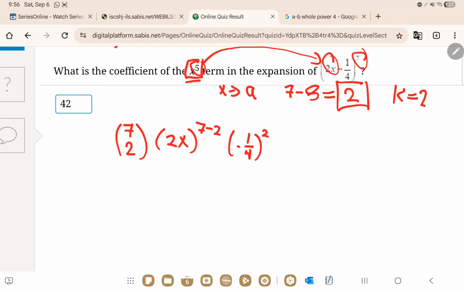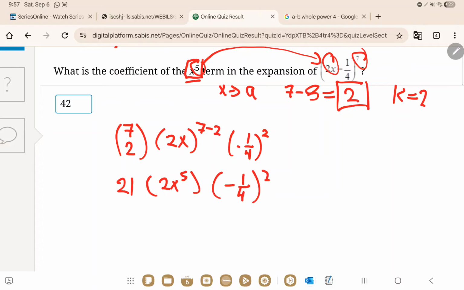So we have 7c2, which is equal to 21, times 2x to the power 5 times negative 0.25 squared.